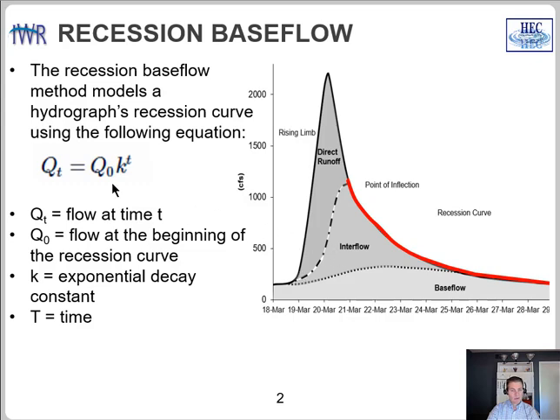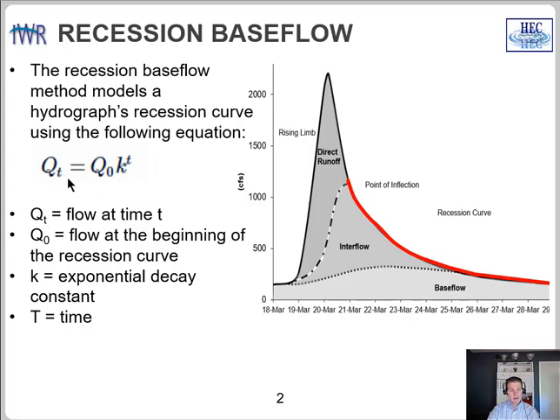Let's look at the equation here. We have Q sub t, the flow at time t, so at some time in the future. It is equal to the flow at the beginning of the recession curve. If we look back at the figure, the flow at the beginning would be the flow at the point of inflection. The program is going to choose that flow for us based on some user specification.